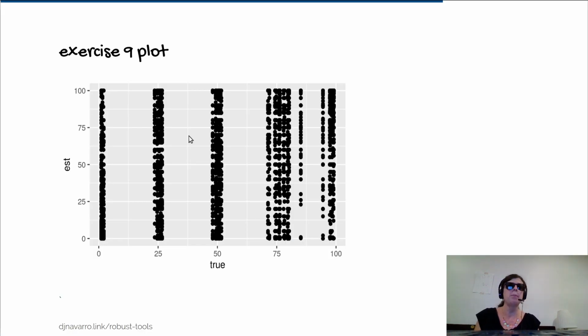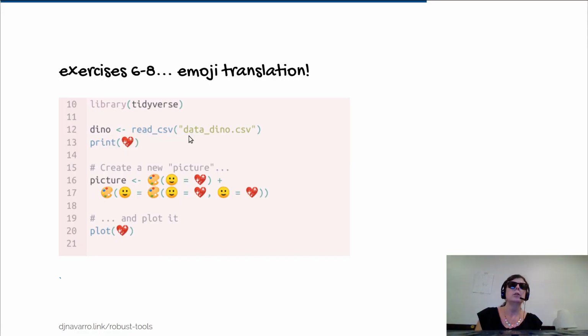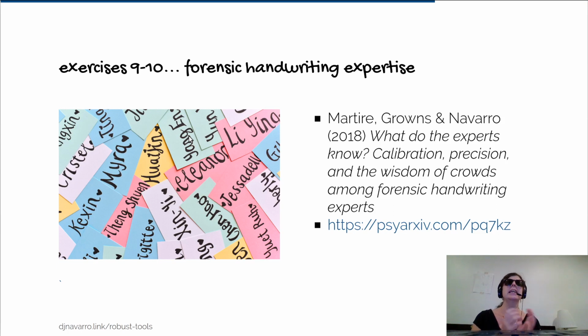If you remember from the previous section, when I was talking about doing these exercises in emoji translation, I suggested having a look at this data that we collected on forensic handwriting expertise.